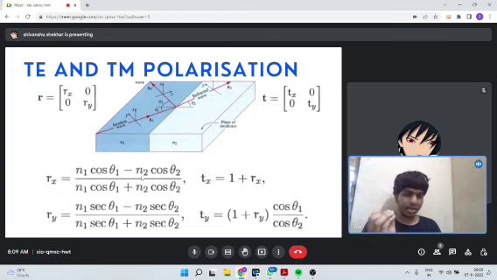These values are determined completely on the basis of the angle of incidence as well as the refractive indexes of the two mediums. As you can see here, N1 and N2 are the two mediums, and the light is incident from the N1 medium to the N2 medium. So whatever happens beyond this in terms of transmission and reflection can be easily determined by these formulas to get the reflection and transmission Jones matrix.